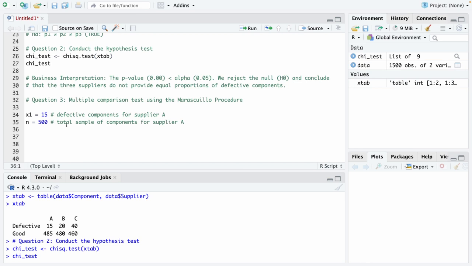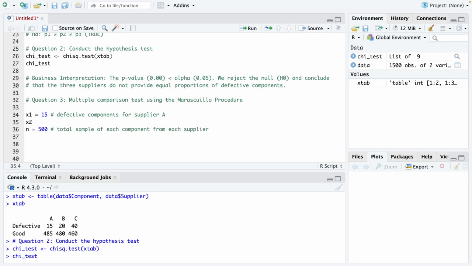So I'm going to change this. If I decide to use n for all of them, I will just say total sample of each component from each supplier. So I can use the same n all through.